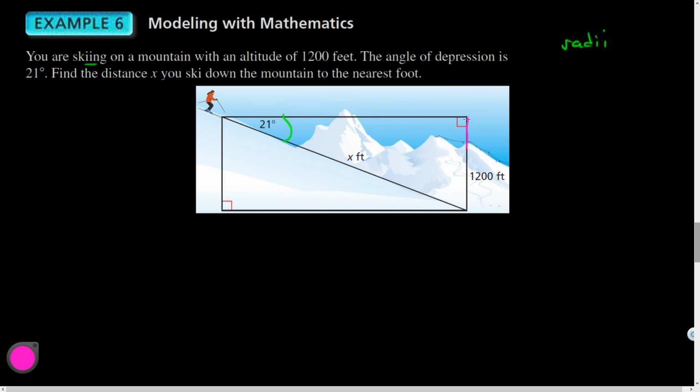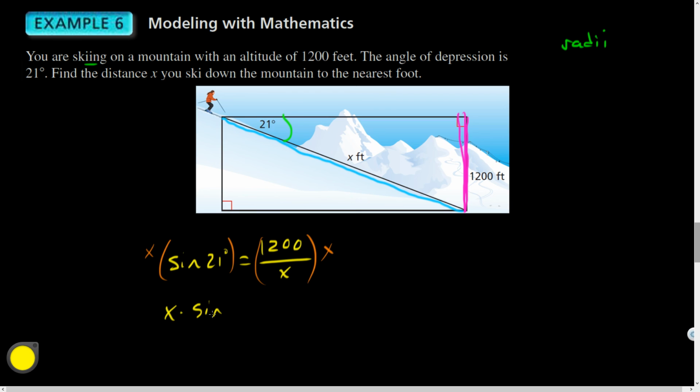So you're skiing. You know that this opposite side is like 1,200 feet. You're looking for that sweet slope, that hypotenuse right there. What trig ratio compares that and that? That looks like sine to me, because sine of 21 is going to be the opposite over the hypotenuse. Uh-oh, my variable's in the denominator this time. So you can multiply both sides by x.